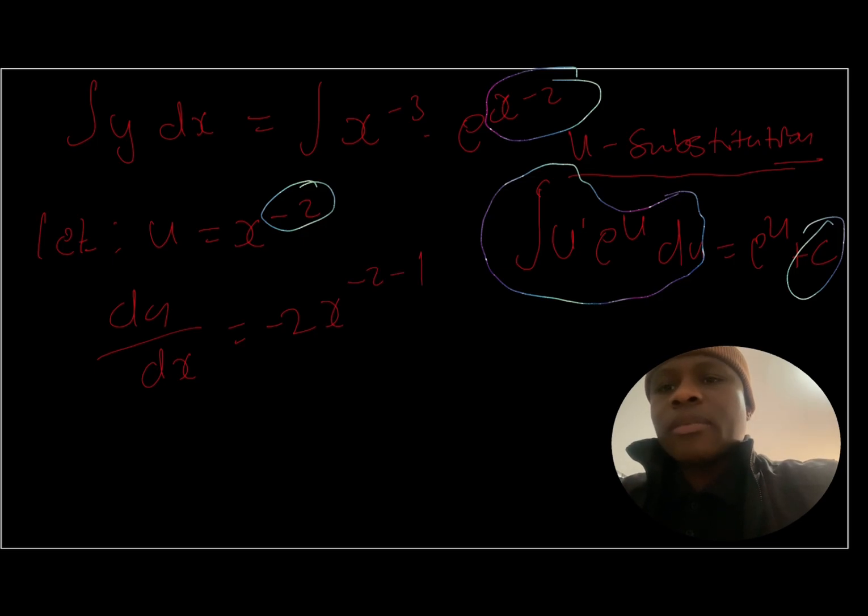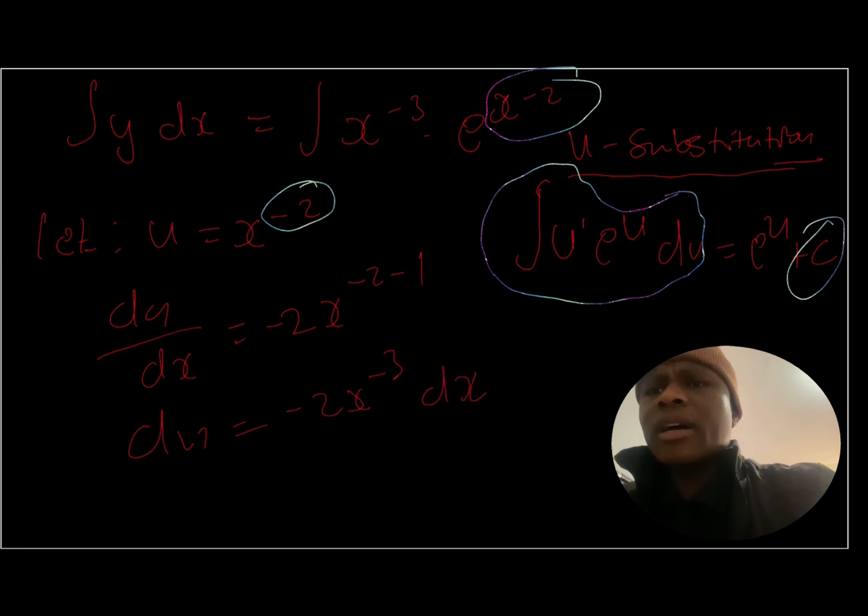Therefore, let's cross multiply. I want to be left with du here. It will be 3 here, and then dx. Remember, I want to substitute this.